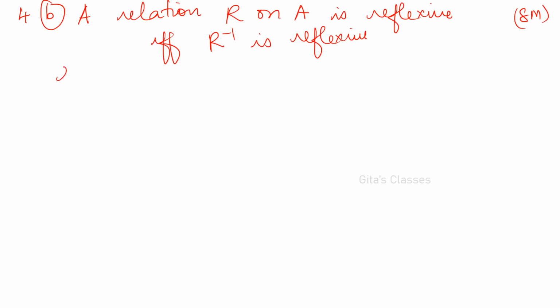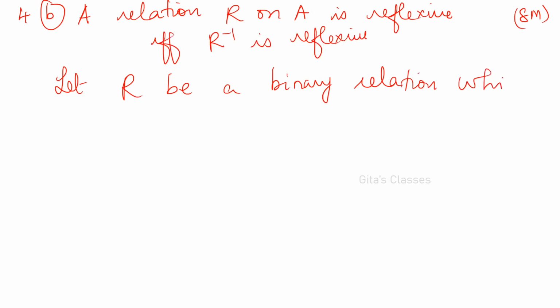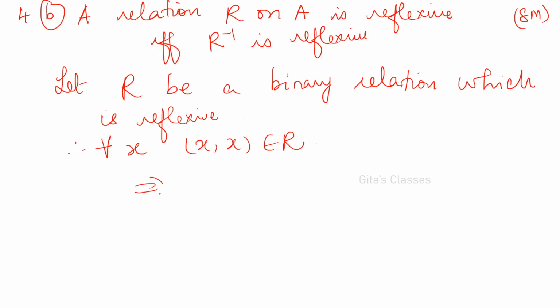So let R be a binary relation which is reflexive. Actually, this is easier than the previous question because that means what? Therefore, for all x, we know that x comma x belongs to R. This implies x comma x belongs to R inverse, because if you have x comma y belongs to R, what will you write? y comma x belongs to R inverse, we write by definition of inverse.